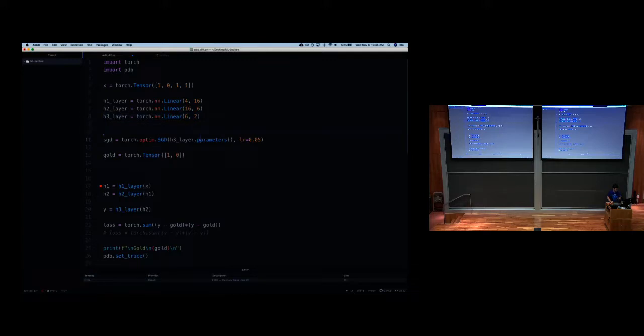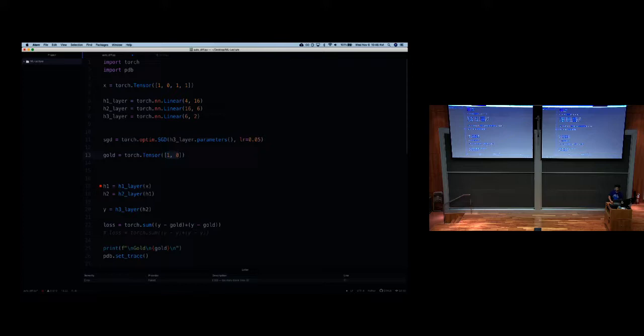So my output is of size 2. That's the y in the slides we saw. I define some gold, which is the ti, of size 2, for some data point. So basically, what you're getting as training data is this x, 1, 0, 1, 1, and the gold, which is 1 and 0.